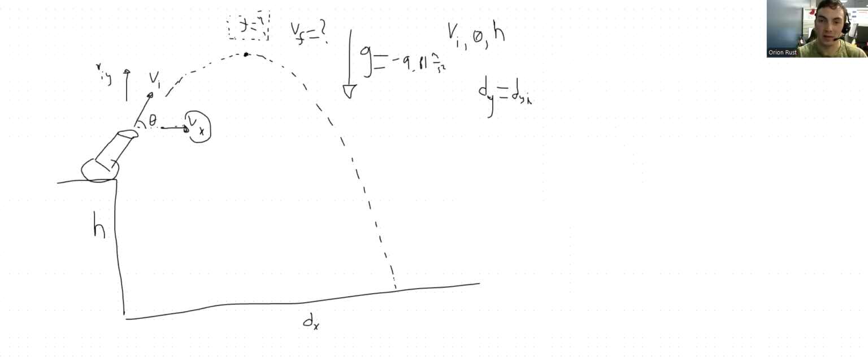That's where the cannonball started from, plus our initial velocity in the y direction times t, which is our time, plus 1/2 acceleration t squared. This should look familiar.